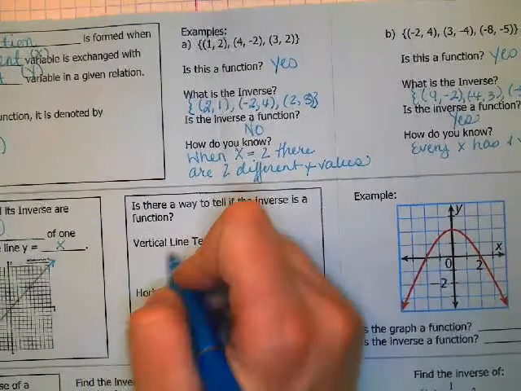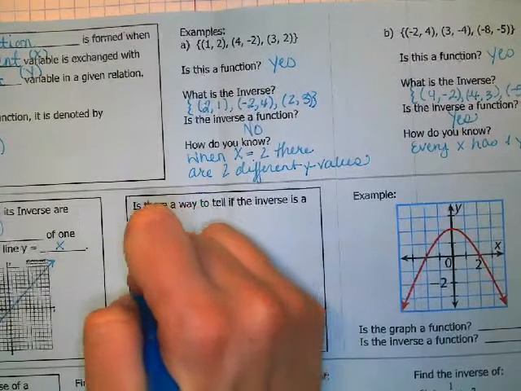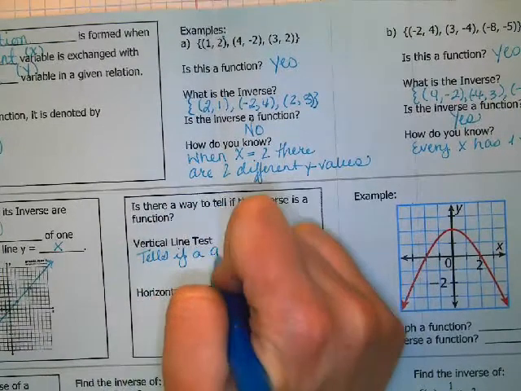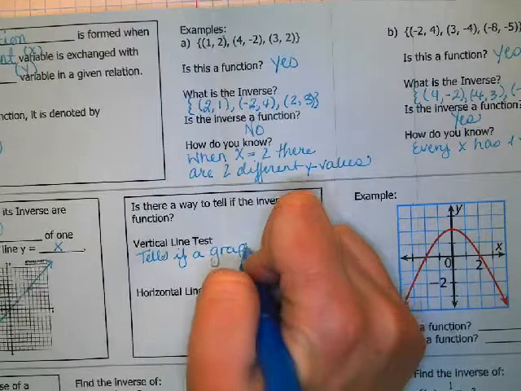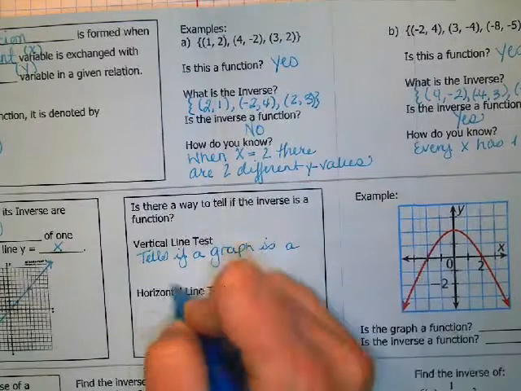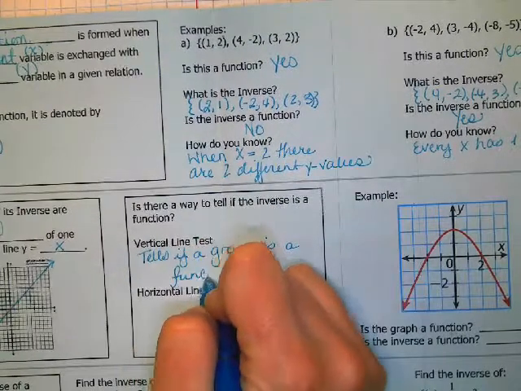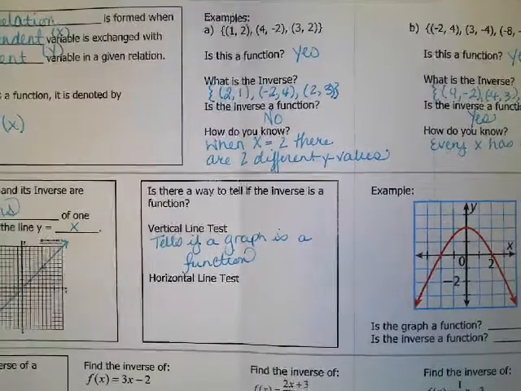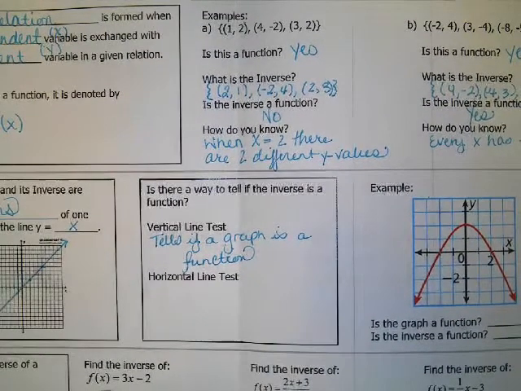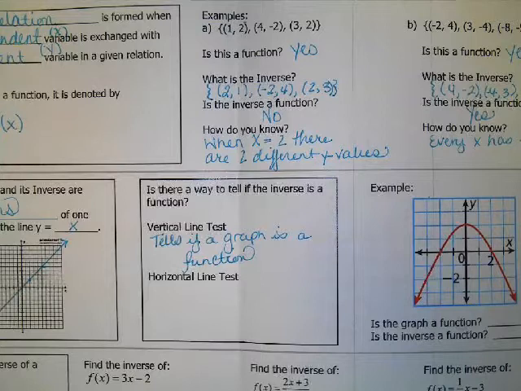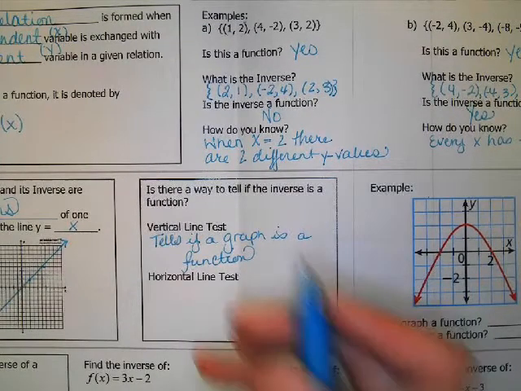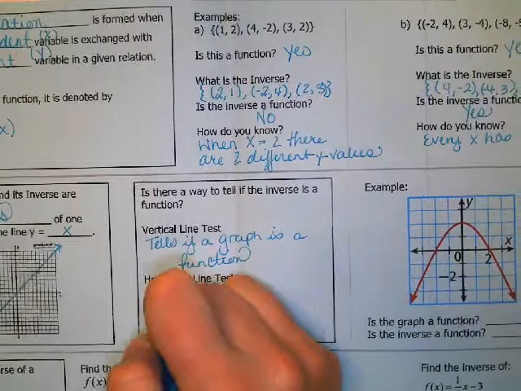Remember, a vertical line test tells us if a graph is a function. And the horizontal line test tells us if a graph is one-to-one. And the importance of one-to-one is that every one-to-one function has an inverse.